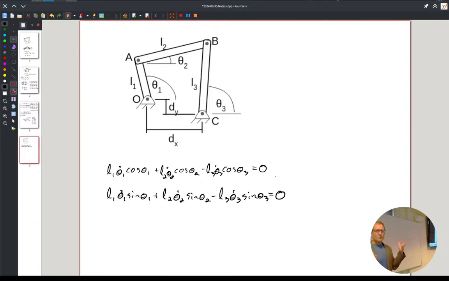How did we get there? What's going on here? How did we find constraints? Is this just something that you have to memorize for these kind of systems? You just have to know this equation forever if you ever want to work on it again. How did we get here?